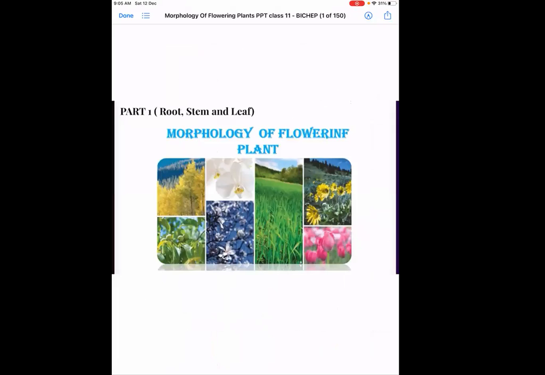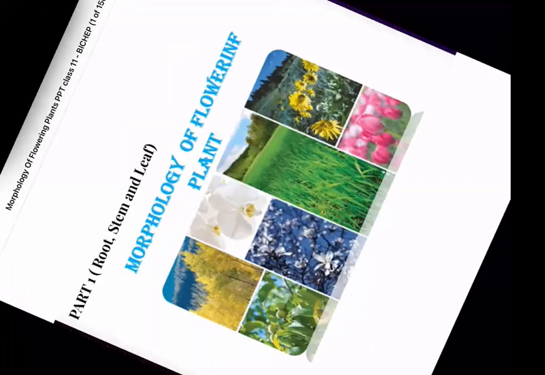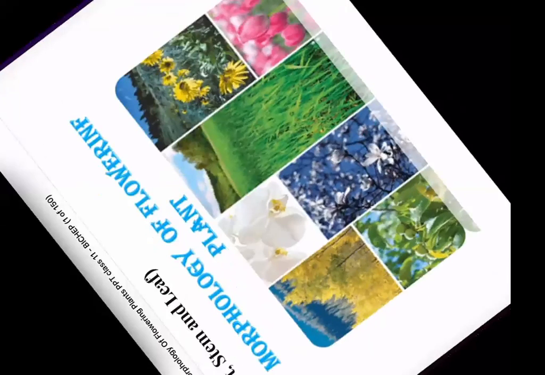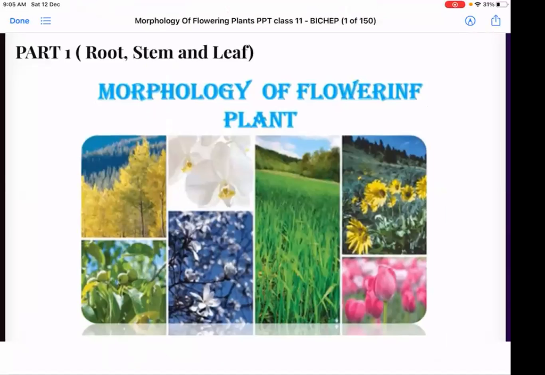So here is the chapter. Part 1, morphology of flowering plant. And in this chapter, we are going to study about root system, stem, and leaf. So your vegetative organs of the plants.